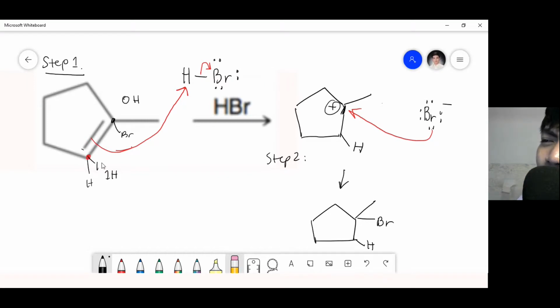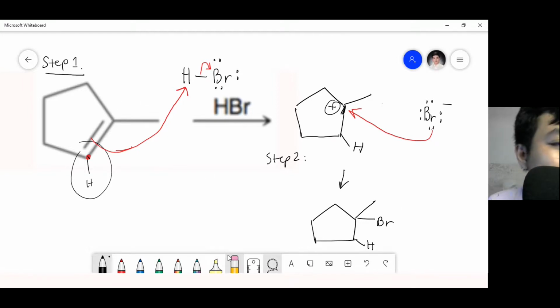The hydrogen should be located there. Okay, so that's how you should apply Markovnikov addition. The hydrogen will be added to the atom bearing the most hydrogen. In our case, ito yun. The halogen will be added to this carbon atom, the one with the least hydrogen.